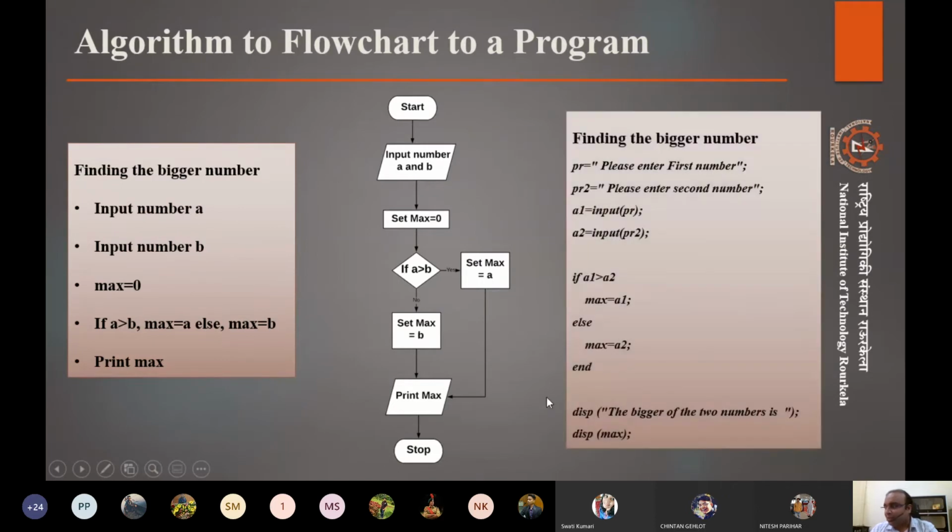So next, what we do is write a program. Here also, this is the same program for finding the maximum among two numbers. This code is written in MATLAB. When we talk about code, we become very specific about what language we are using, because the code is different for each language.